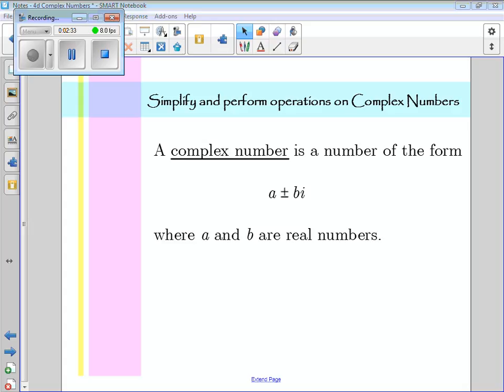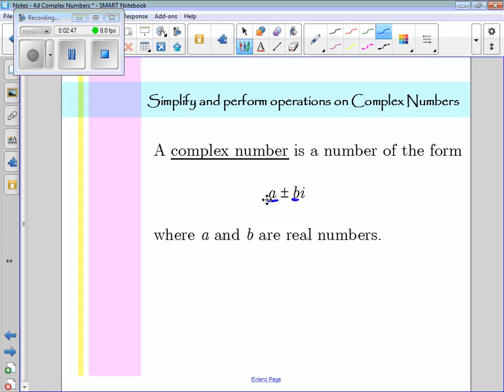A complex number now is a number in the form a plus or minus bi. It could be a plus, it could be a subtraction. a and b are going to be real numbers. Real numbers are all the numbers you've always talked about up till today. An example is, if a was 3 and we add 2i, that's a complex number. There's a real portion to it and an imaginary portion to the number.